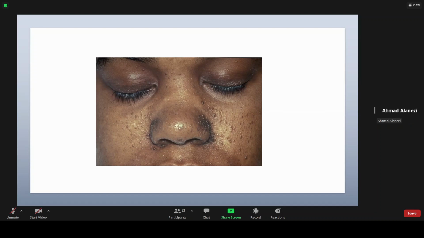Excellent, Faisal. This is sebaceous adenoma. This is one of the features of tuberous sclerosis. So by just examining the skin, you'll find that this patient has skin lesions suspicious for a neurocutaneous disease. This is all you need.